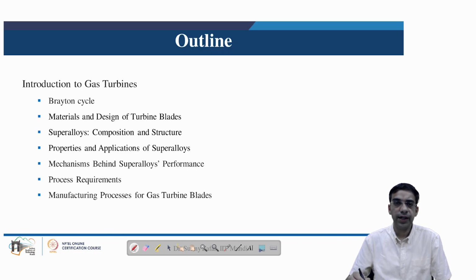We will also understand the mechanisms behind the performance of superalloys. Then we will look at the process requirements and outline of the manufacturing processes, starting with the primary process to tertiary process to manufacture the gas turbine blades.